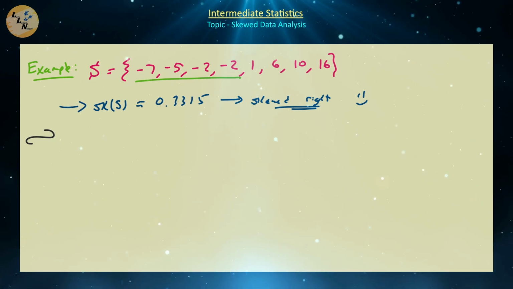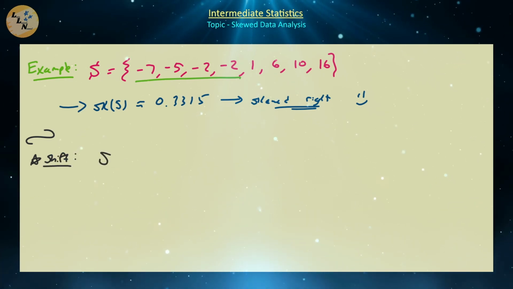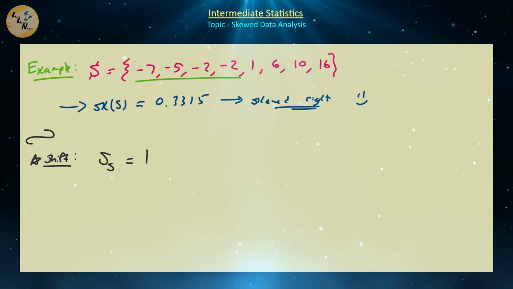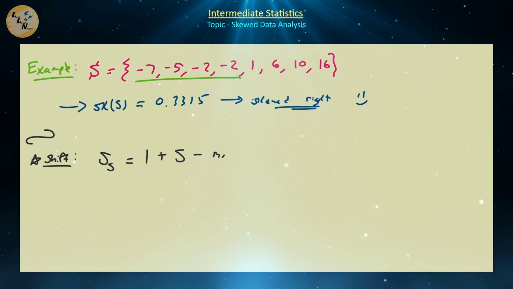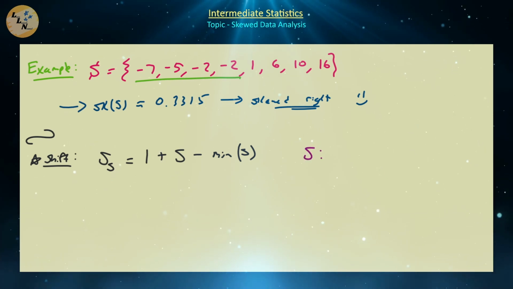So what we're going to do is define a shifting operation. The shifting operation is going to be defined to be equal to 1 plus s minus the minimum of s. So what exactly is that going to do? From the theoretical perspective, our shifting operator is going to take x1 and send it to where?